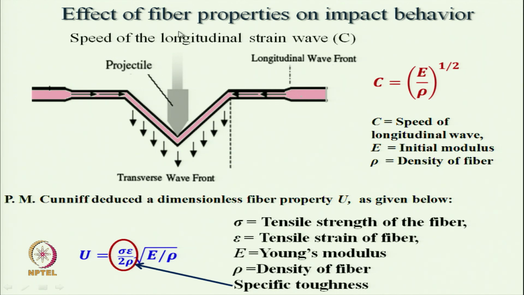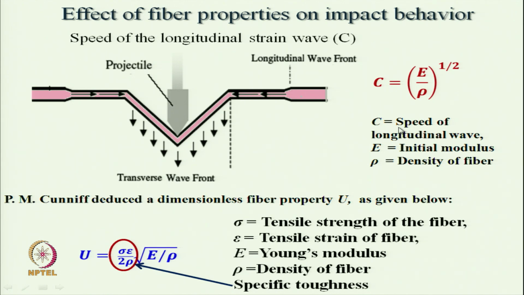Along the striking direction there will be a transverse wave on the fiber, and due to the stretch there will be a longitudinal wave front. So, transverse wave front and longitudinal wave front, and the wave front velocity is extremely important to know how quickly the impact energy will get dissipated.